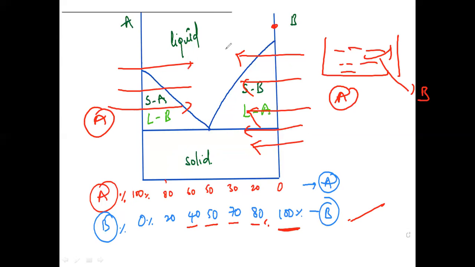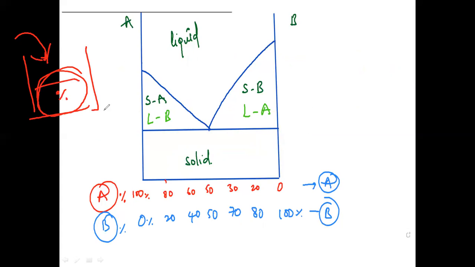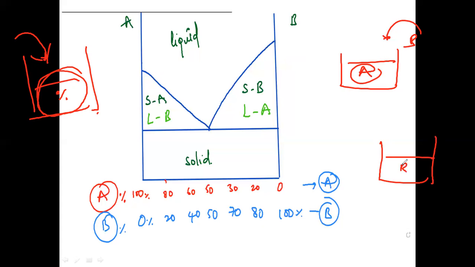Why is it decreasing here? You must understand one thing: when you are adding something, the percentage of the original component decreases. If it is A only and you are adding B, or if you have B and you are adding A: when you add A to B, the percentage of B decreases, and when you add B to A, the percentage of A decreases.